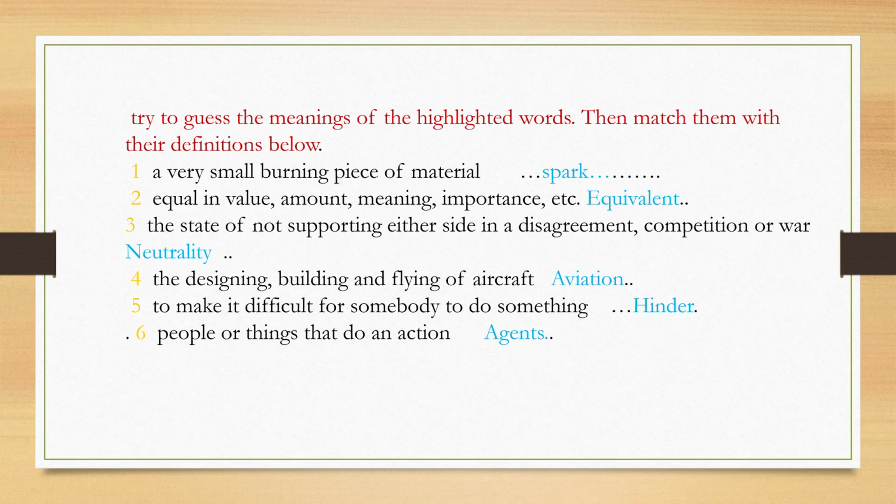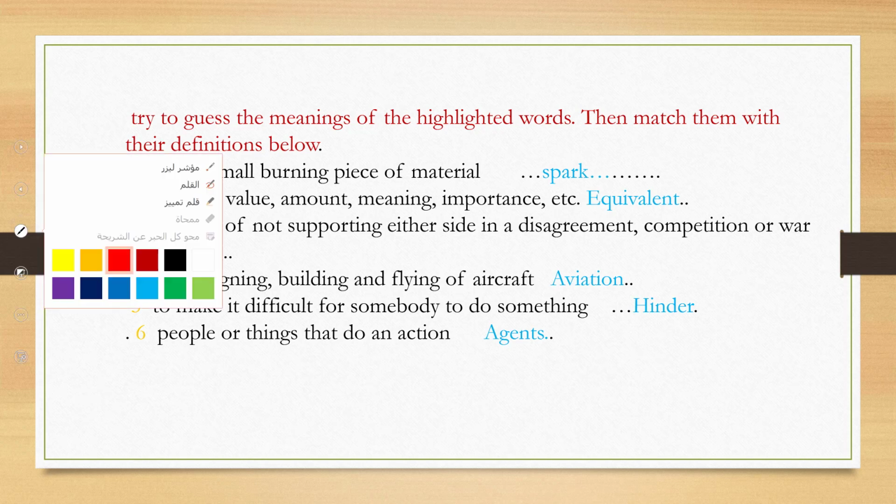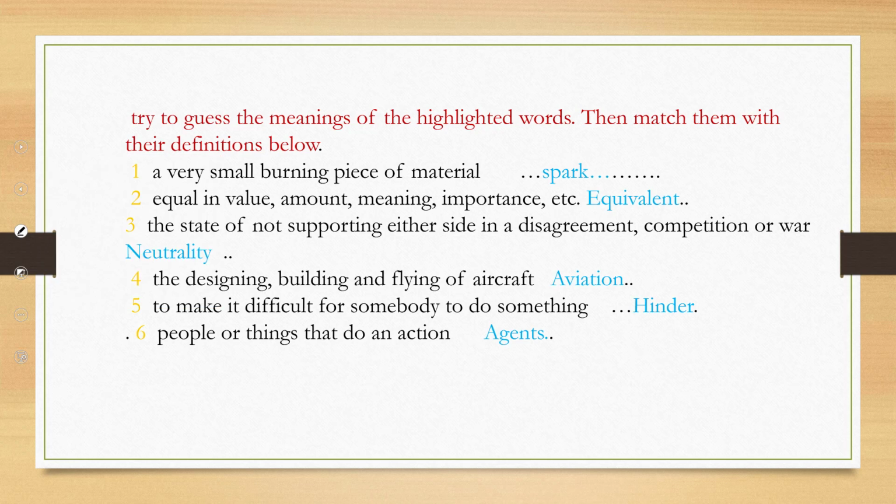Now we have the part of the vocabulary. Now we are going to learn some of the vocabs in this lesson. Number 1, a very small burning piece of material. It's a spark. Number 2, equal in value, amount, meaning, importance, etc. means equivalent.